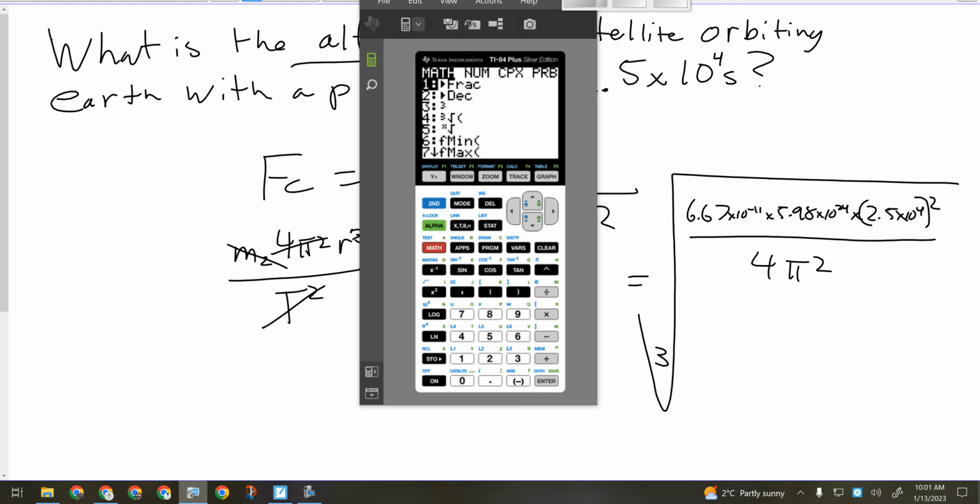All right, so I need 4, 6.67 to 11. Okay, so there's my orbital radius, 1.85 times 10 to the 7.